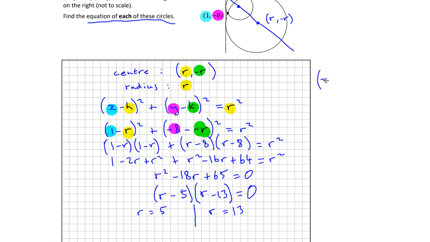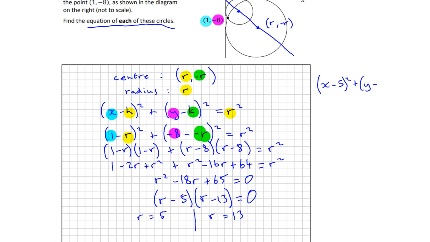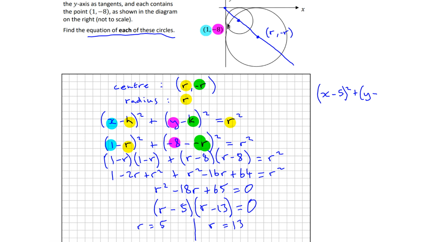So the equation will be (x - h), so h would be 5, squared, plus (y - 5), remember, because the center is (5, -5). So 5 is the radius of the circle. So y minus minus 5 is actually y plus 5 squared. And that's equal to the radius squared, and our radius is 5, so 5 squared is 25. So that's the equation of the small circle.